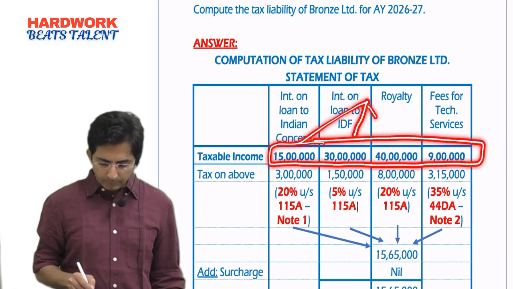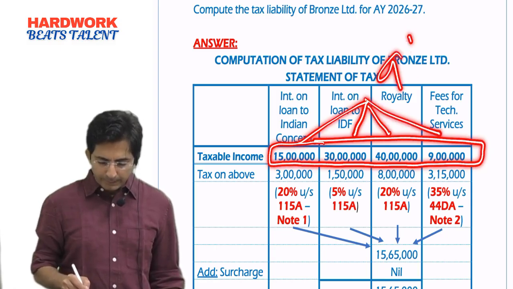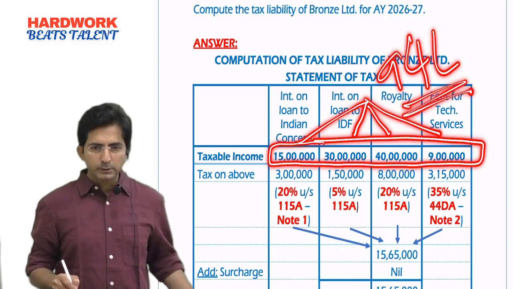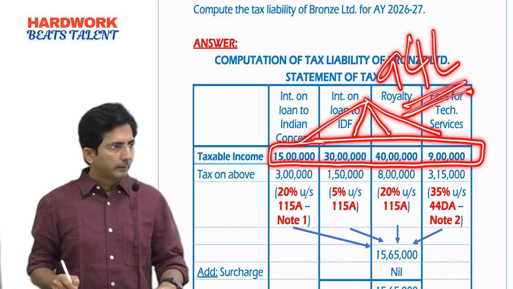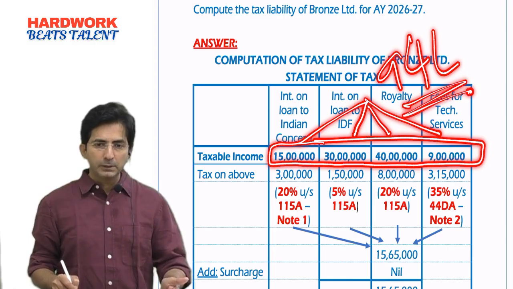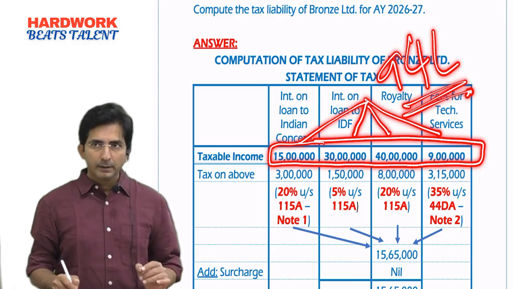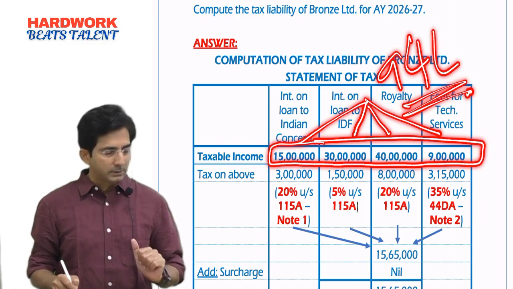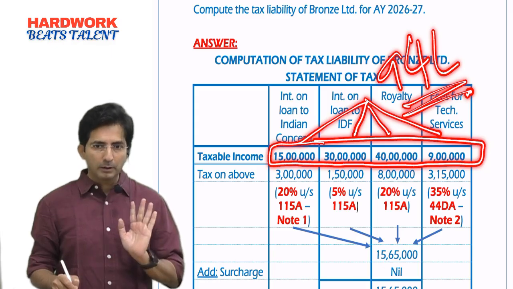Total these 4 incomes and it comes to 94 lakhs. Thank God it's not more than 1 crore, because for a foreign company, if income exceeds 1 crore, surcharge is 2%, and if it exceeds 10 crores, then 5%. You remember for a company, surcharge is 7/12/5. So surcharge will not come.